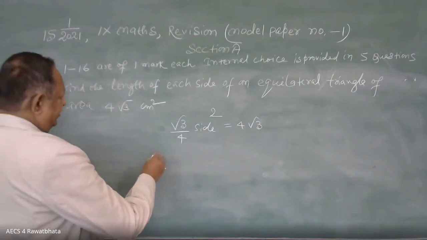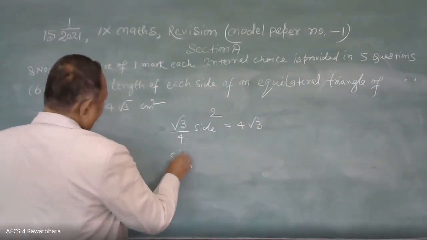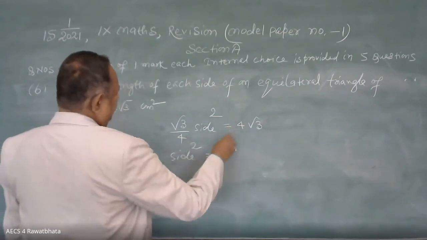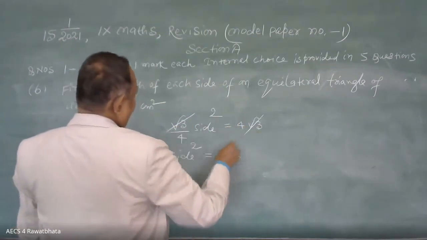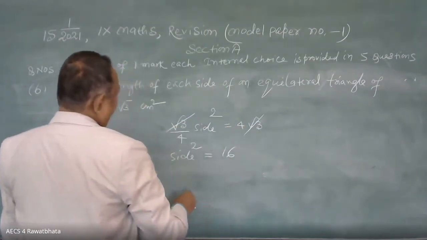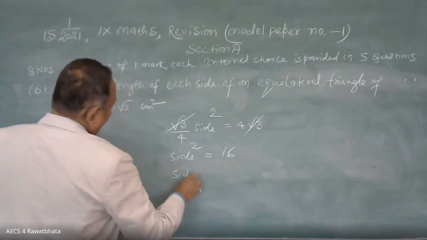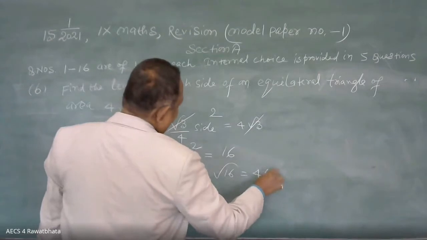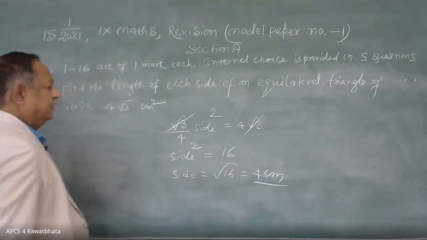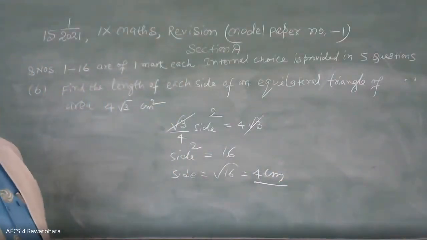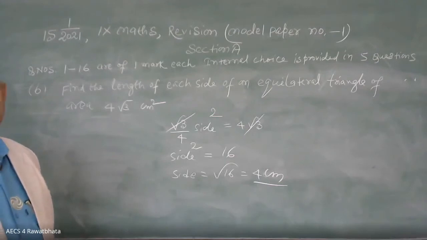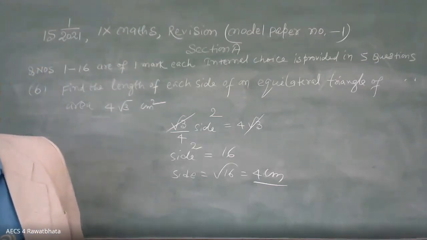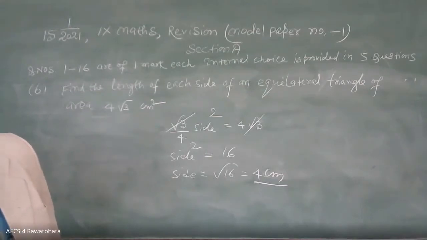So side square is equal to 16, this is cancelled. So side is equal to √16, that is 4 centimeter. Unit should be centimeter, 4 centimeter, correct. 4 centimeter, okay.